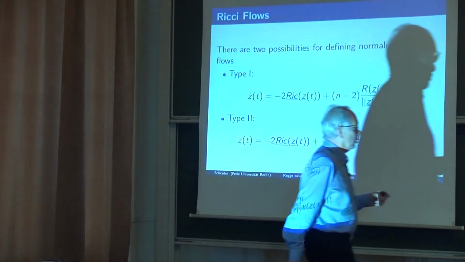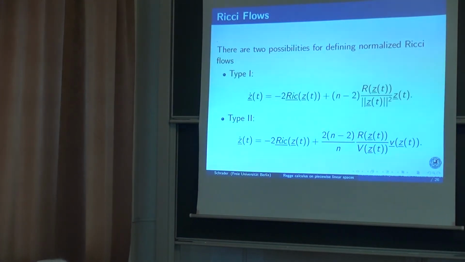What you see is the following. Recall in the classical case, assume that you are at a point of g, which depends on t now, which is an Einstein metric, then this right-hand side vanishes. That means an Einstein metric is a stationary point for the normalized Ricci flow.